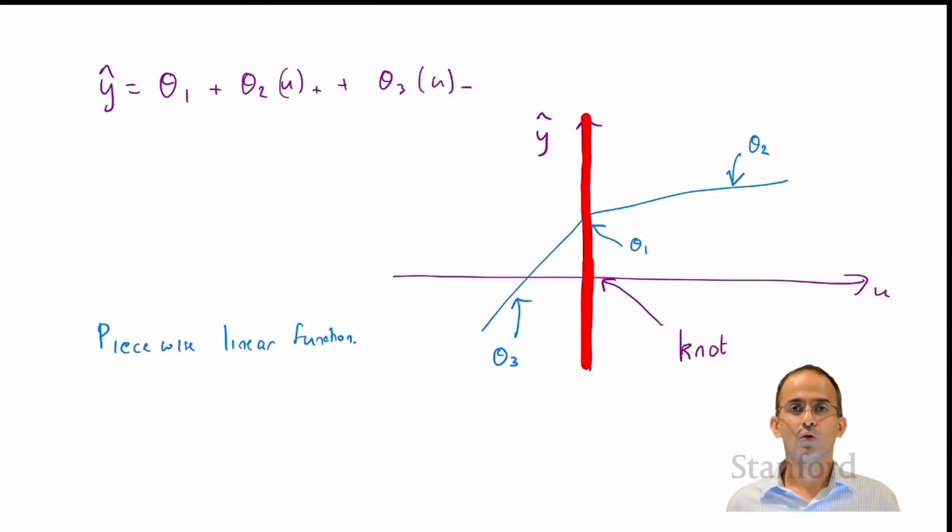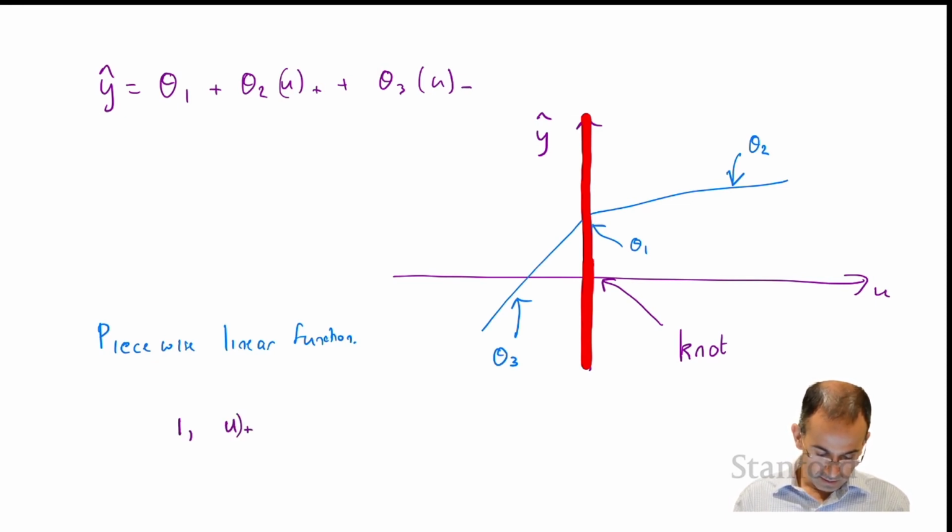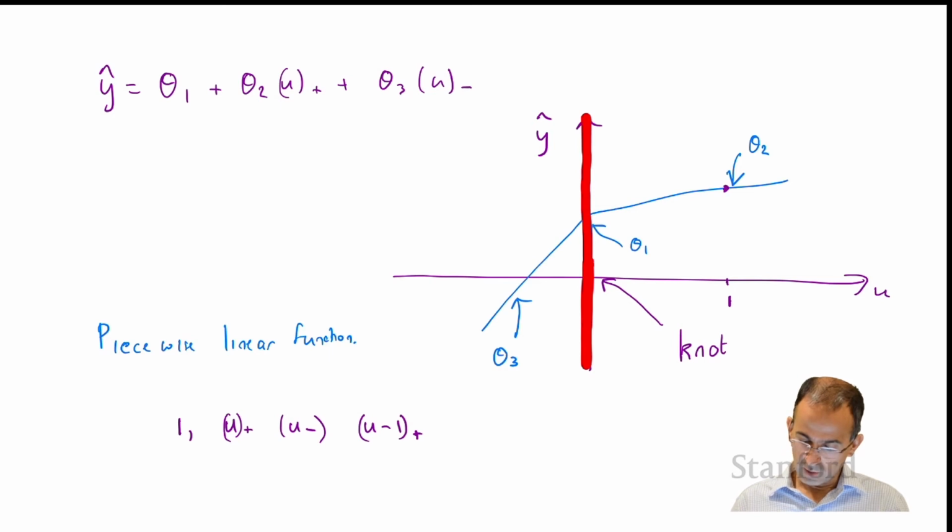And you might have more complicated piecewise linear functions which you could construct using a different embedding. So for example, if my embedding was 1, u plus, u minus, and (u minus 1) plus, well then there'd be an additional knot out here at 1 where I'd be able to pick a different slope, and that slope would be determined by these additional parameters.